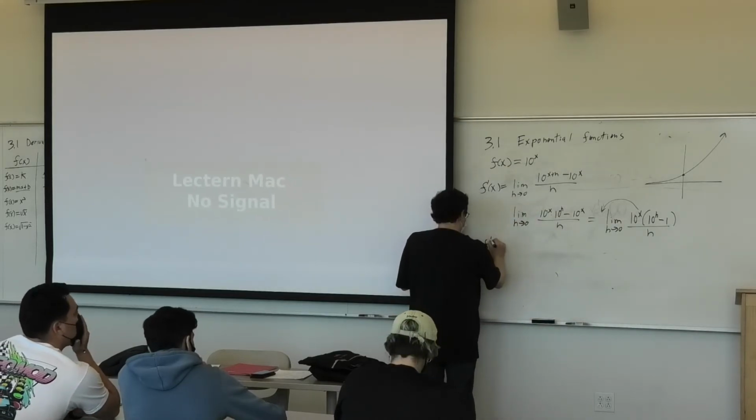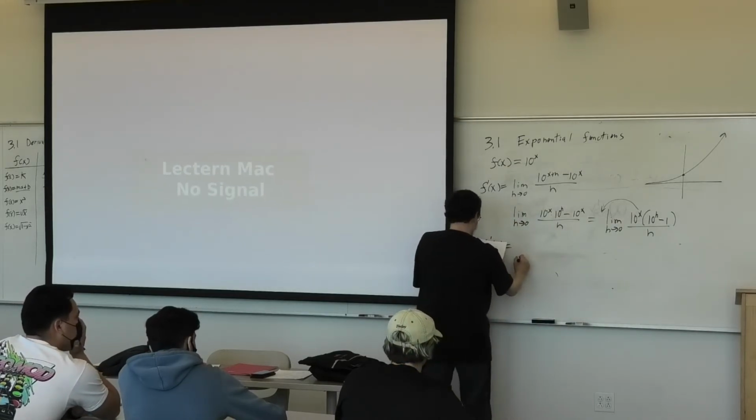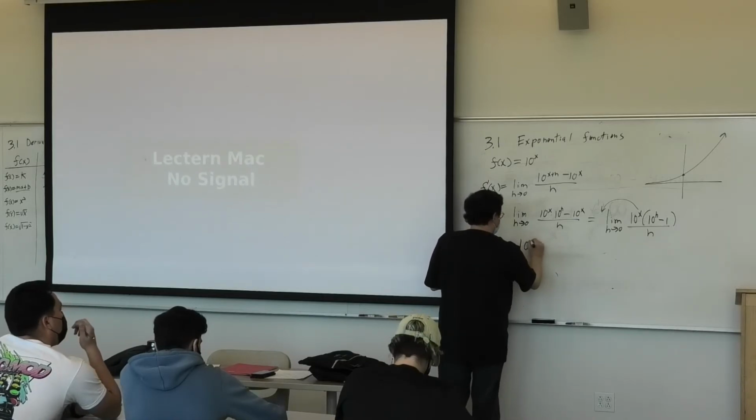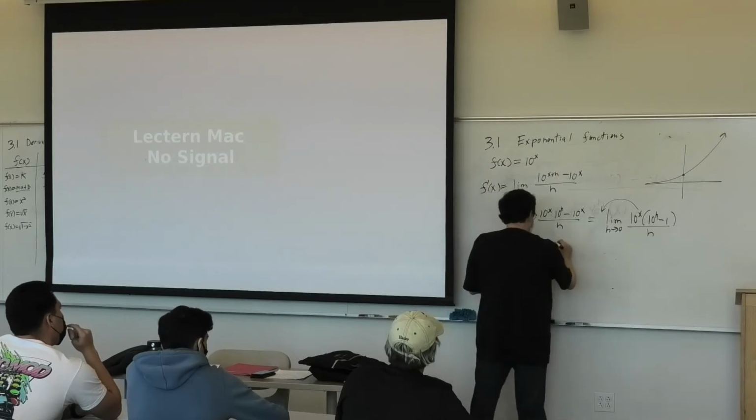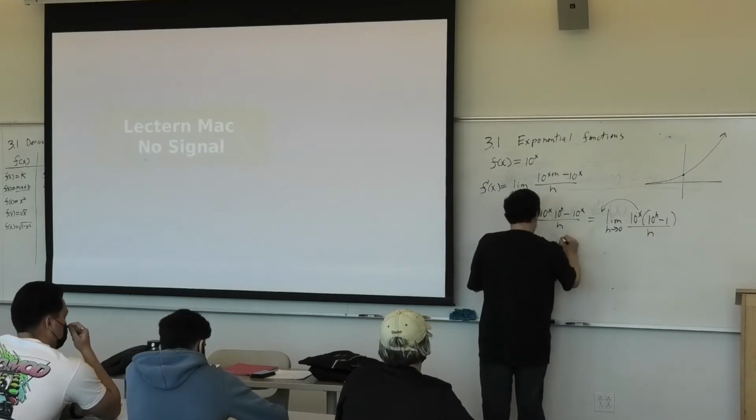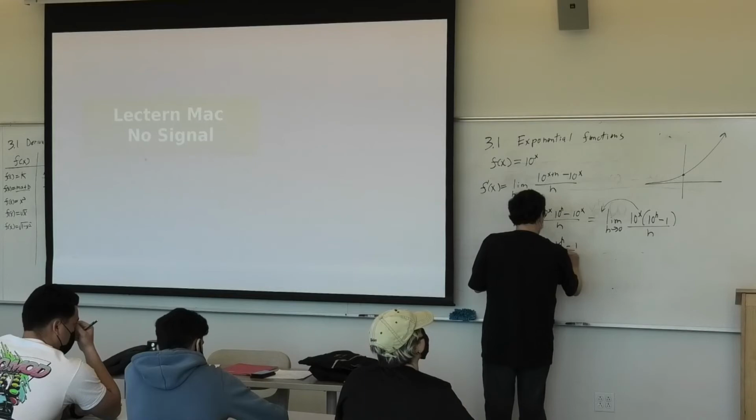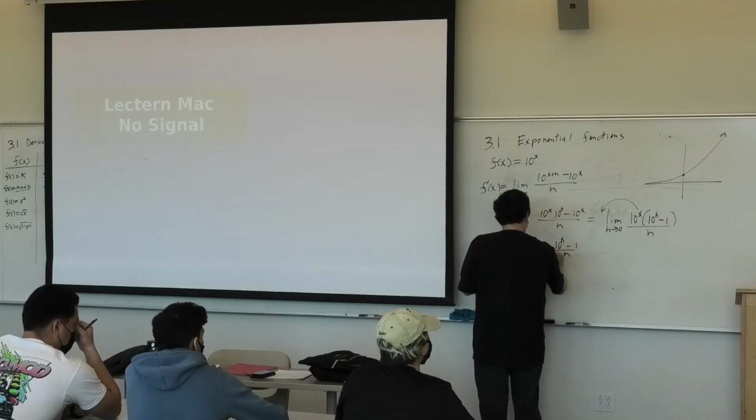So again, the derivative is going to be 10 to the x times the limit of 10 to the h minus 1 times 1 over h as h approaches 0.